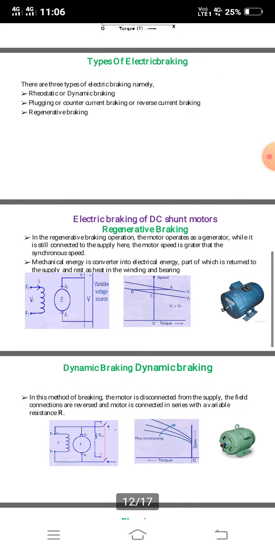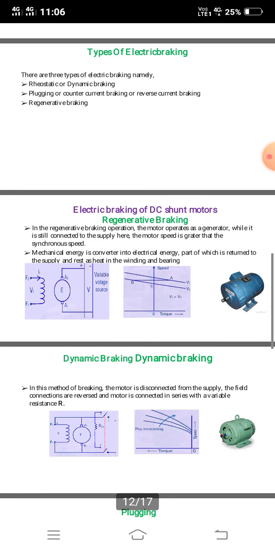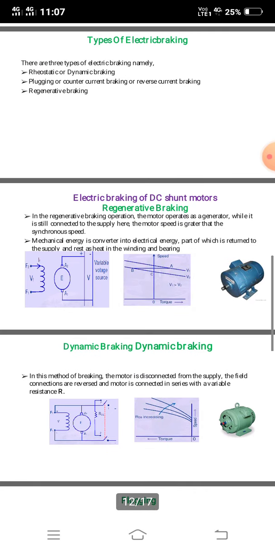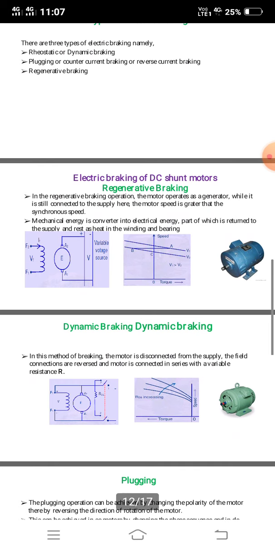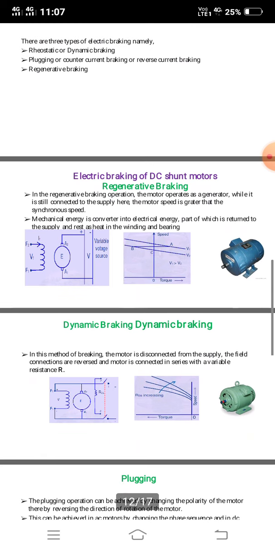First is electric braking of the DC shunt motor. In regenerative braking operation, the motor operates as a generator while it is still connected to the supply. Here, the motor speed is greater than the synchronous speed. Mechanical energy is converted into electrical energy, part of which is returned to the supply and the rest is lost as heat in the winding and bearings.